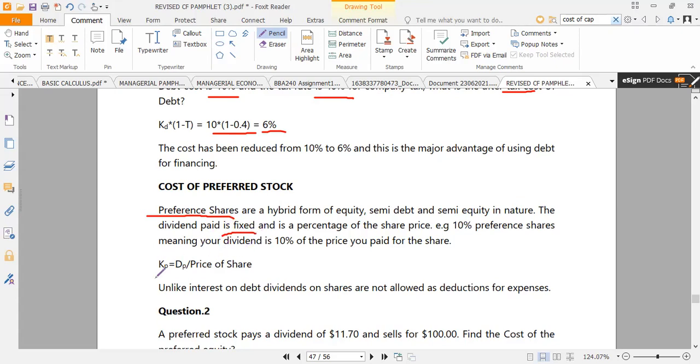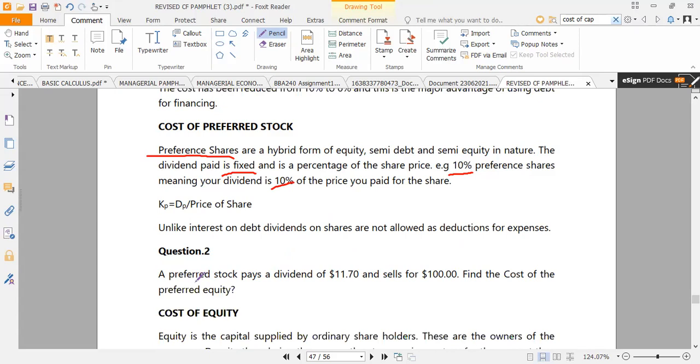So you may have, for instance, a 10% preference share that has a price of maybe $10. Well, let's look at this. You have preferred stock, which pays a dividend of 11.70 and sells for $100.